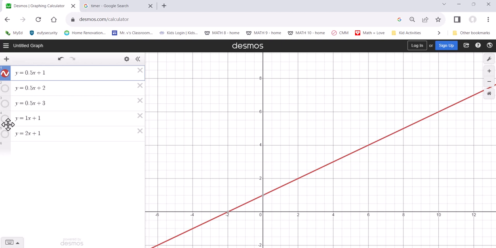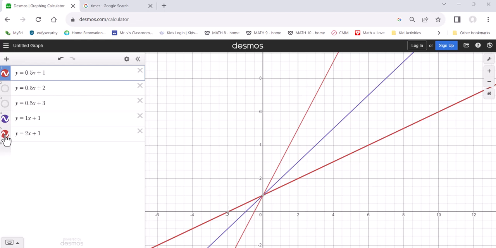I'm going to keep my y-intercept the same, and I'm just going to make the coefficient bigger. I'm going to go from 0.5 to 1 to 2. You tell me what you notice for the property. So here it's jumping up to coefficient 1. Now it's jumping the coefficient up to 2. What do you notice? What stays the same? What changes?